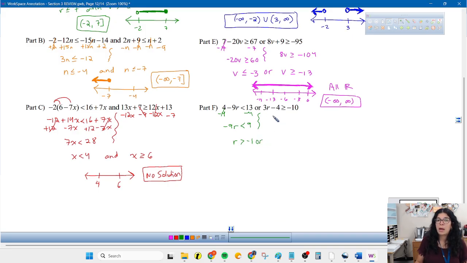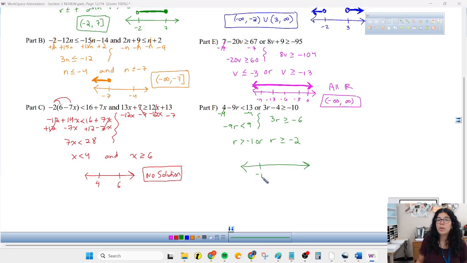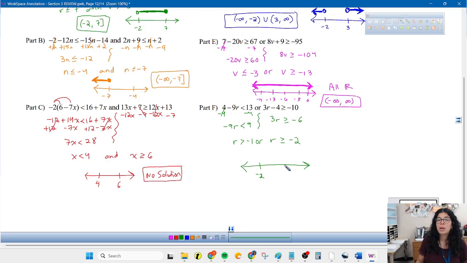And then on the inequality on the right, I can add 4 on both sides. We get 3r is greater than or equal to -6. Divide by 3. r is greater than or equal to -2. So, which numbers are going to be more than -2 or more than -1?